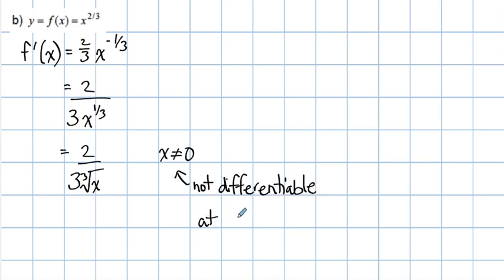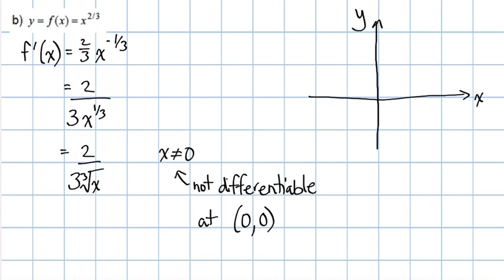So it's not differentiable at the point 0, and if I throw 0 into here, it's also going to be 0. So 0, 0. And so what would this look like as a graph? If you wanted to see what it would look like as a graph, it would look something like this.